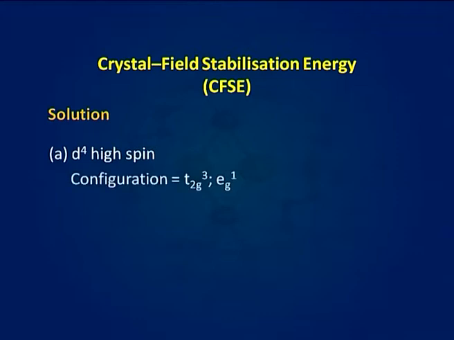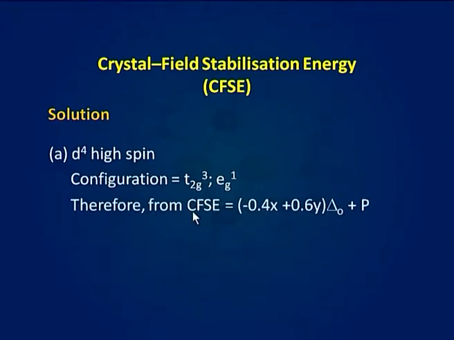For d4 high spin, the electronic configuration will be t2g3 eg1. Now, crystal field stabilization energy will be equal to minus (0.4x plus 0.6y) multiplied by delta O plus P.